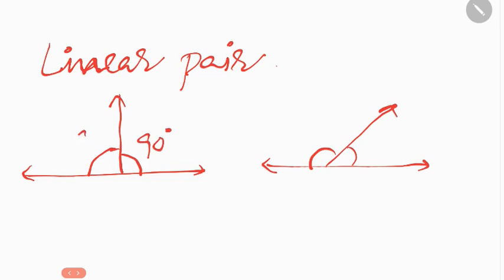For example, 90 and 90. So these two angles are called a linear pair. And here also you can see this one and this one, both lie on a straight line, with a common arm and common vertex, adjacent angles at the same time. The whole angle is 180, that means supplementary. These kinds of angles are called a linear pair.